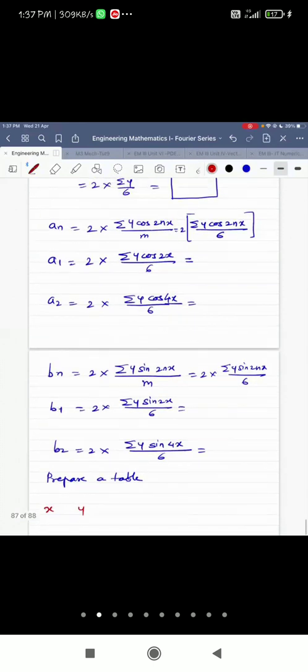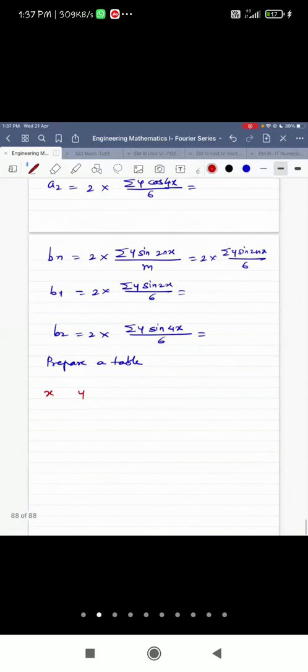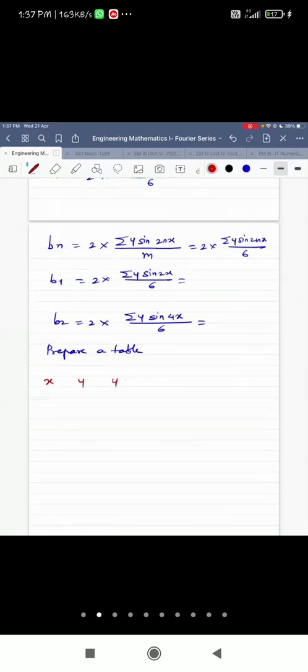Then you need summation y cos 2x, so your next column must be cos 2x, then y cos 4x, then y sine 2x, and y sine 4x. Now it's okay.